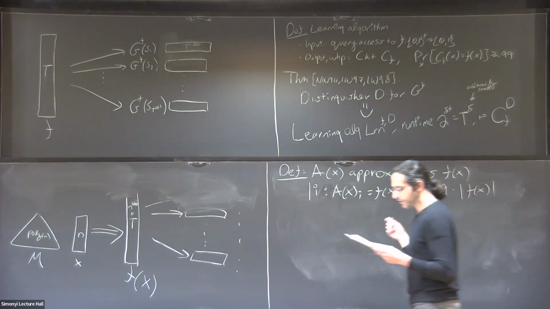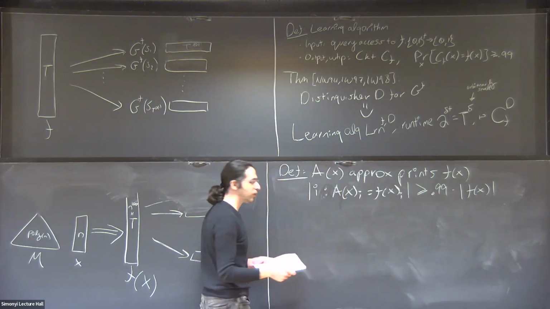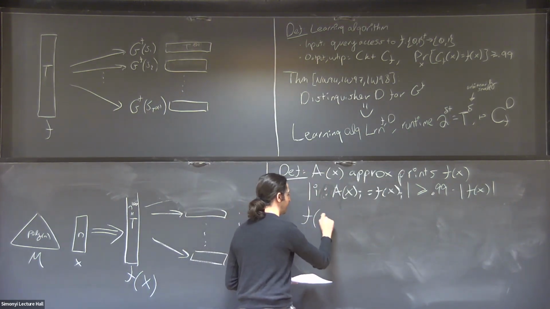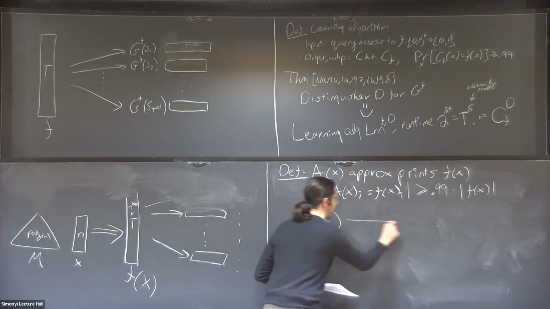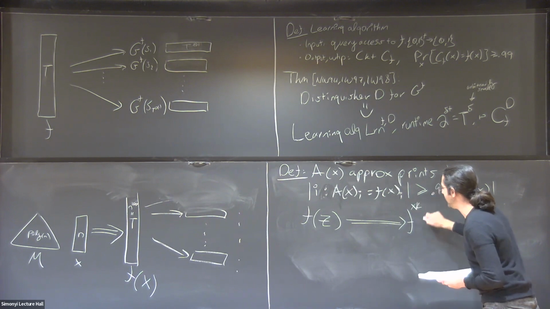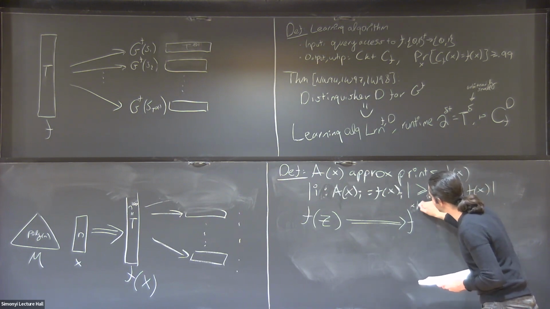And we recall now a standard notion, the direct product. So I'm taking a function f of z, and I'm defining the k-wise direct product, f to the k.